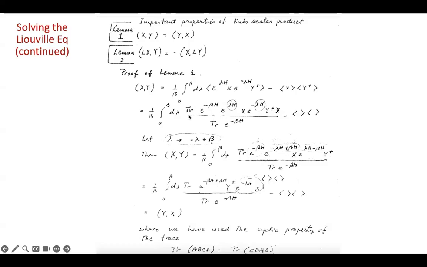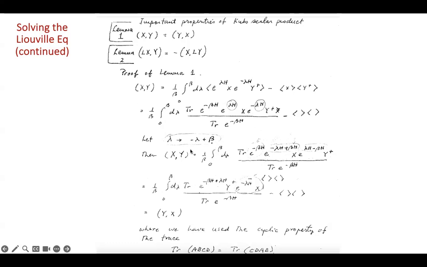So next, what I do is I just write it out explicitly by removing the angular brackets, and I write down the ensemble average with the trace. Trace of e to the minus beta H, that's by definition what the angular brackets mean. Then you have the temperature evolution piece, the y dagger piece, and then you have a trace of e to the minus beta H.